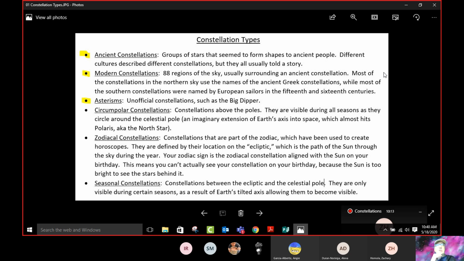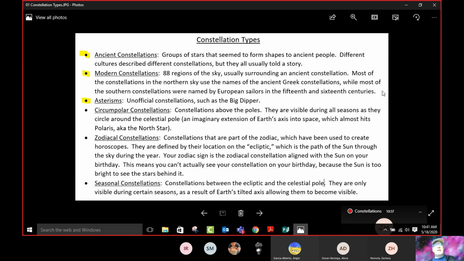Most of the constellations in the northern sky use the ancient Greek names, but the Greeks didn't have names for the southern stars because they never went there. So these constellations were mostly described by European sailors when they first went down there in the 15th and 16th centuries.